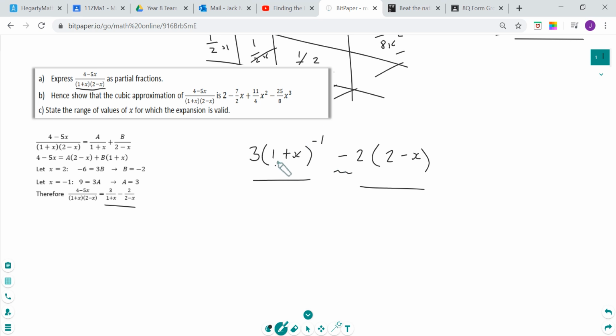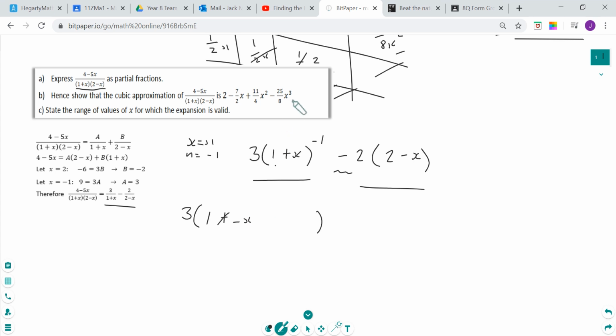So first one here is already 1 plus, so it's a nice format. So you can put a 3, put the expansion in, multiply everything by 3. That's the left hand side. So 1 plus nx, so x is x, n is -1 here, so nx is going to be minus x.